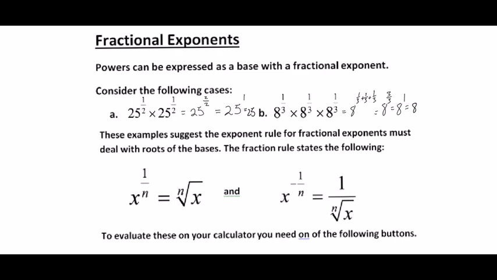So based on this concept, if you think about it, the denominator on the exponent works like the nth root of x. That's what all of this means. So if I have x to the 1/n, I rewrite this as the nth root of x.